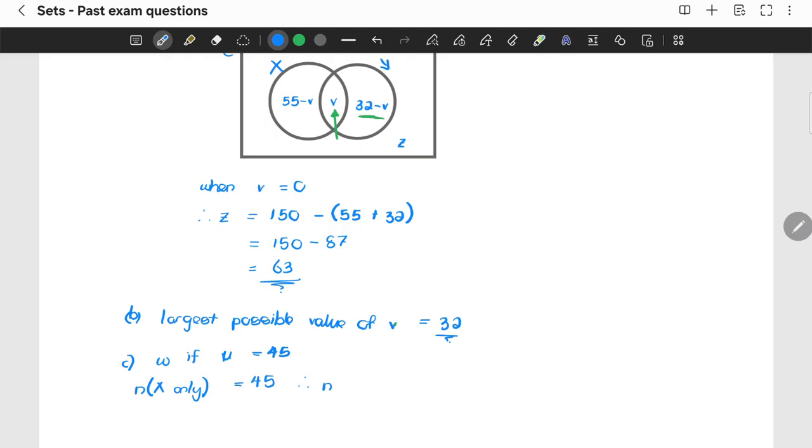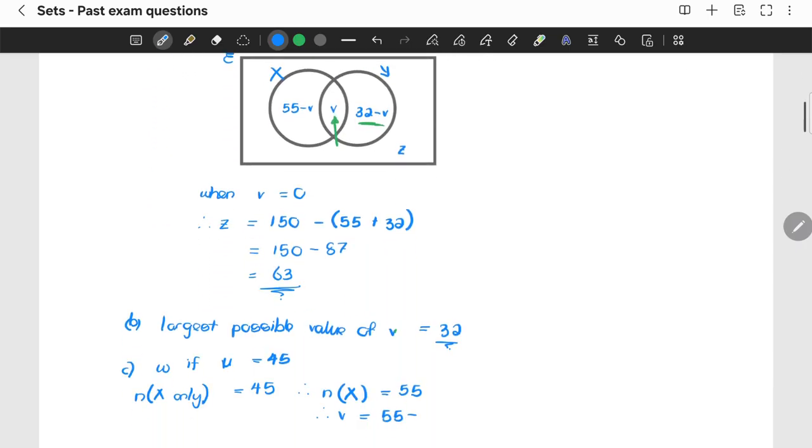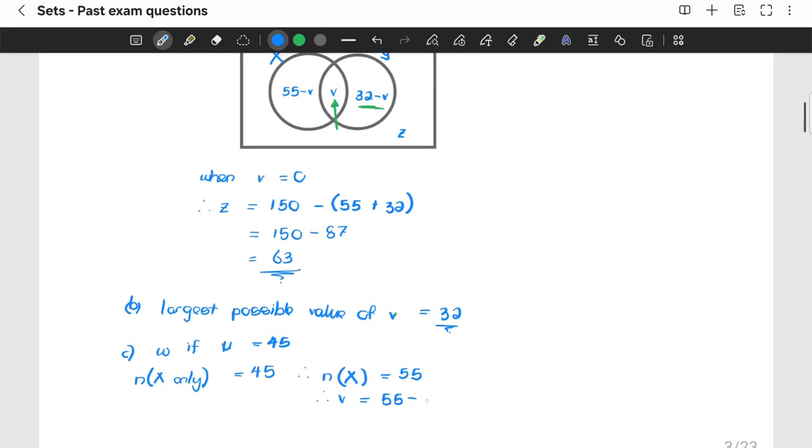Therefore, the number of elements in x all in all, we know that's 55, such that v is equal to 55 minus u, which is 55 minus 45, which is 10.